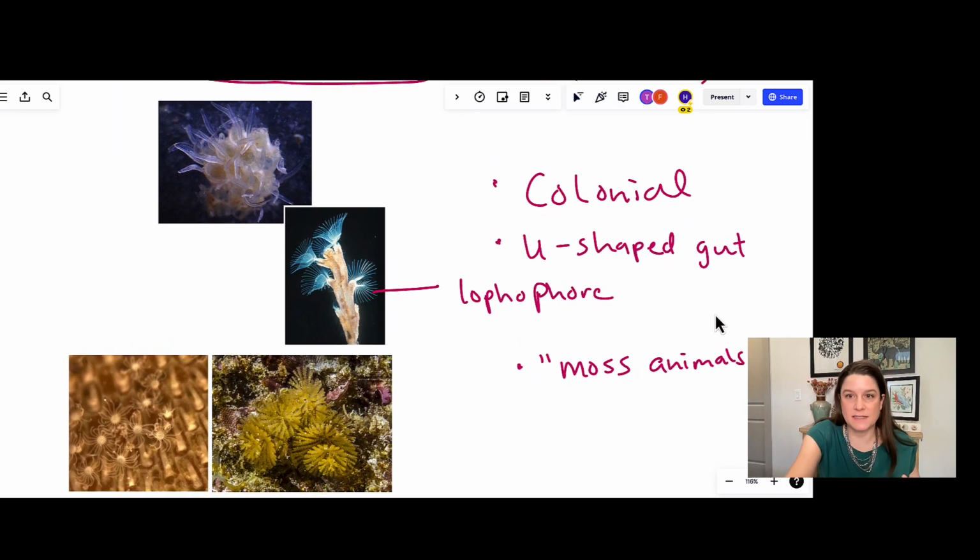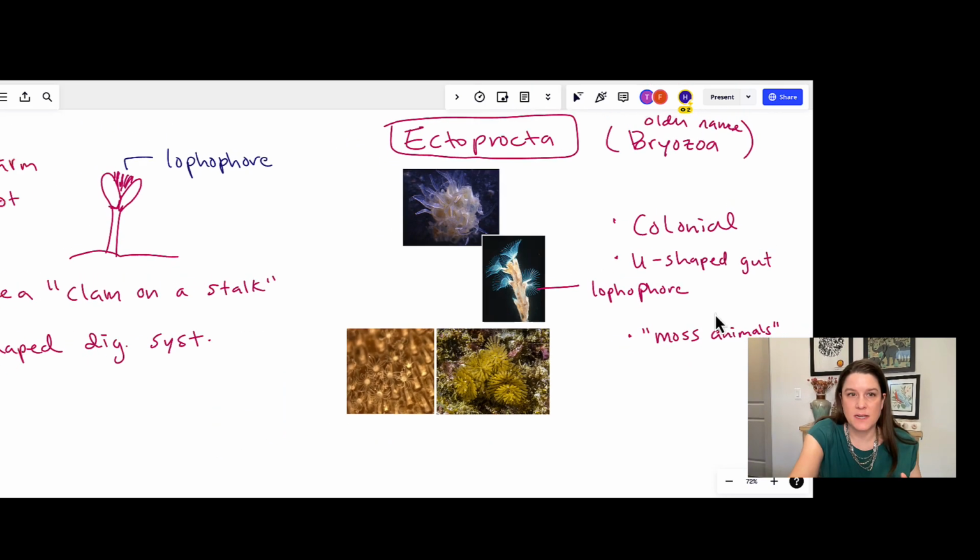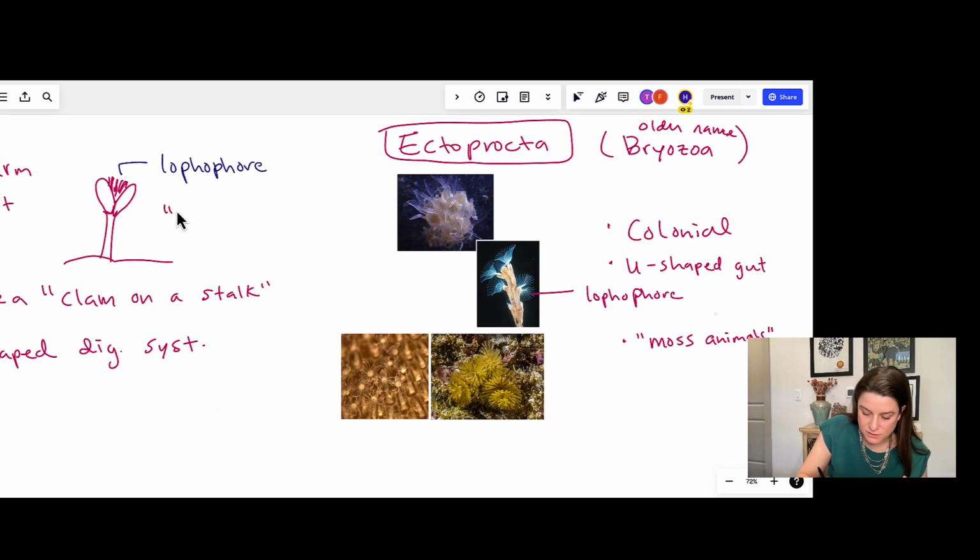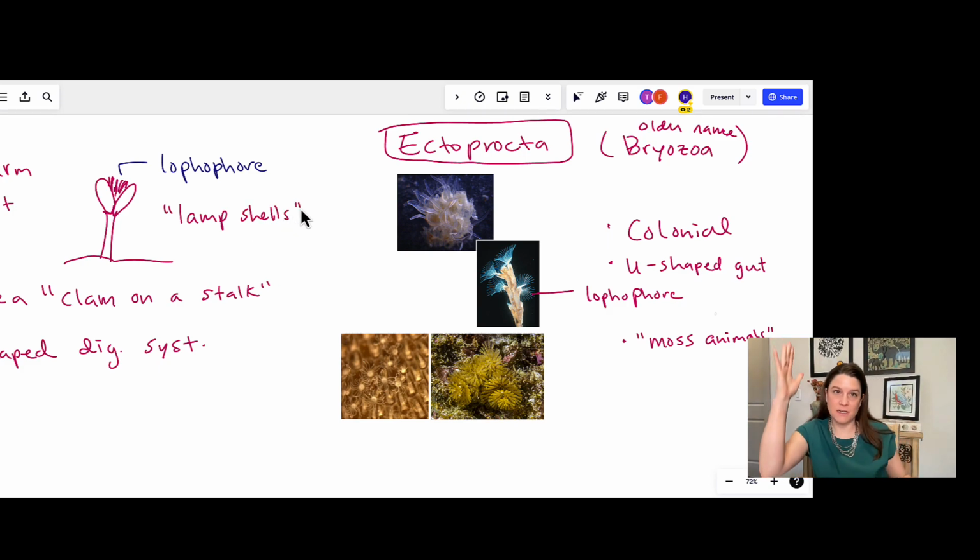Oh, and I should mention, the nickname for brachiopods is lamp shells. It kind of looks like a shell on a lamppost, I suppose. I think that's where it came from. So lamp shells are the brachiopods. Ectoprocta are the moss animals.